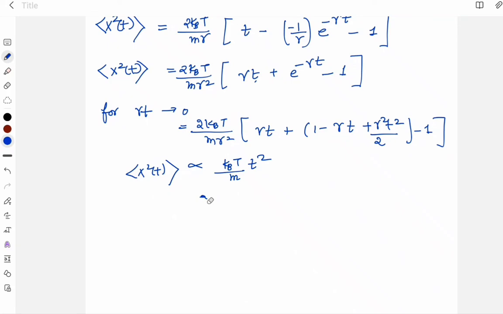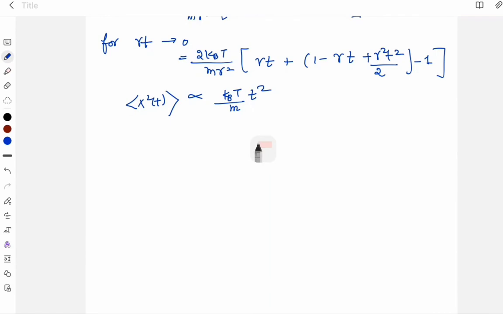But for diffusion we have seen that the mean square displacement is proportional to the time itself. So at γt tending to 0, it is actually not diffusion dominating the motion, but it's like the individual particle is moving. This is actually termed the ballistic part.